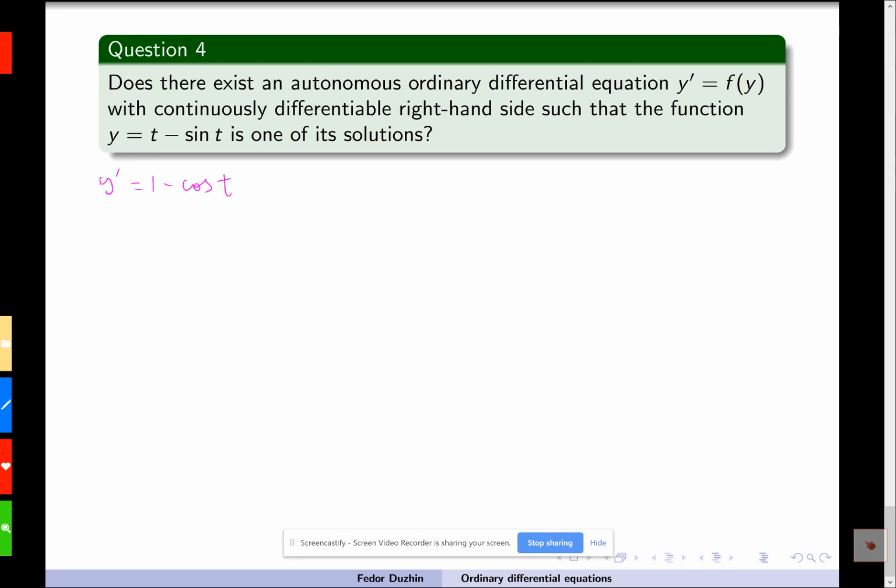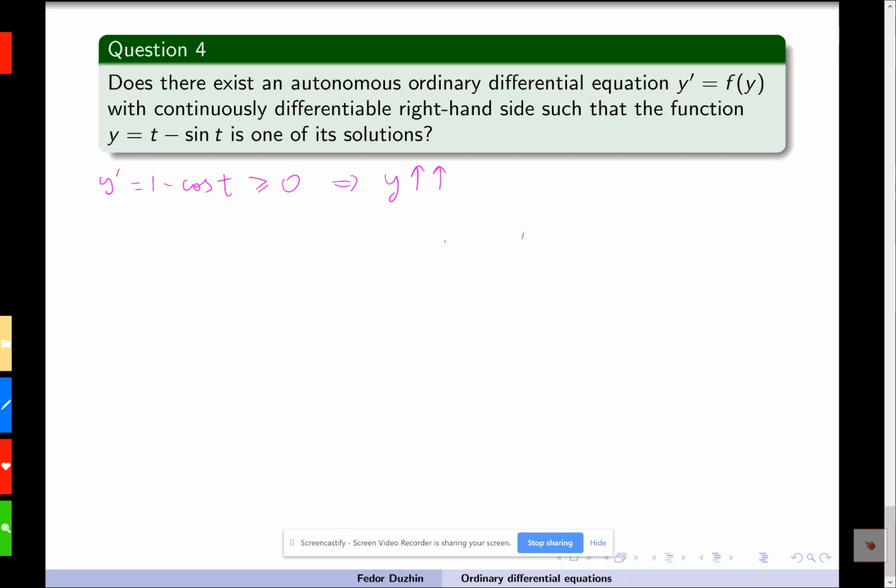What do we know about this function? We know that this derivative is always non-negative, right? Because cosine t has values between -1 and 1, so 1 minus cosine t is non-negative. So it means that at least y is an increasing function.